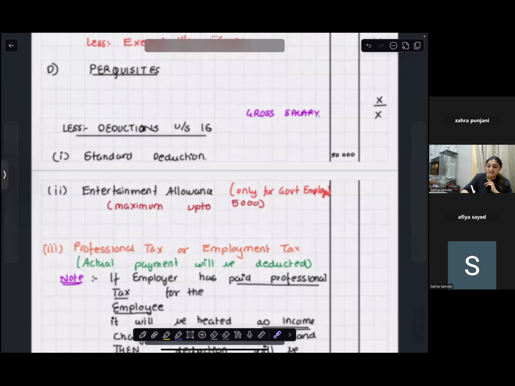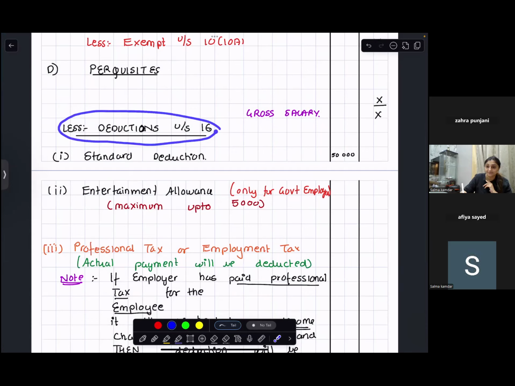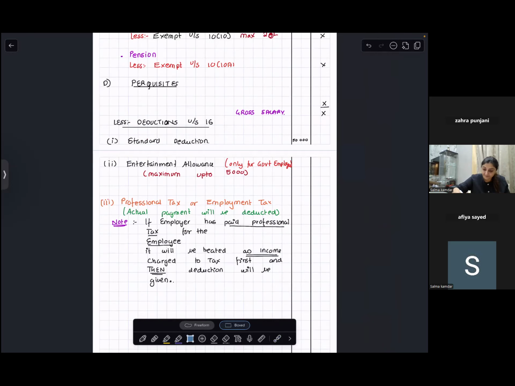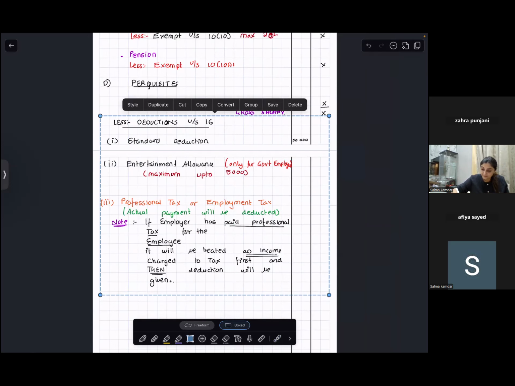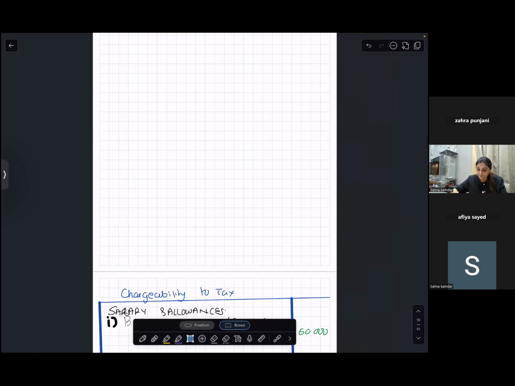Less deductions under section 16. You get your gross salary. After that, you have some deductions under section 16. I hope you're with me. Your first deduction under section 16 is the standard deduction. Standard deduction would be 50,000 or 75,000. Just make this one part clear. No matter what happens when they mention the tax regime, we have to put standard deduction.